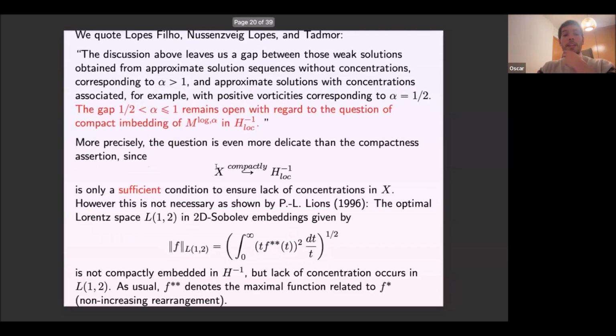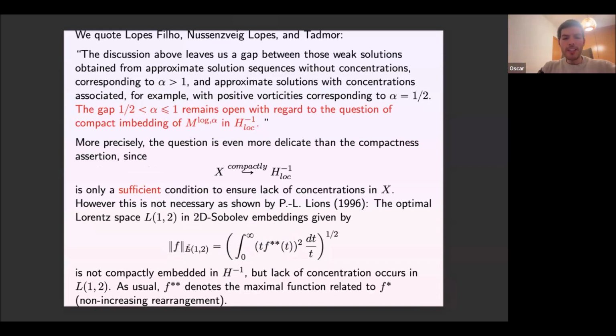Indeed, there is a very nice result by Lions, '96, showing an example of a space, namely the Lorentz space L^{1,2}, defined in terms of the maximal function related to the non-increasing rearrangement. We do not go into further details, okay?